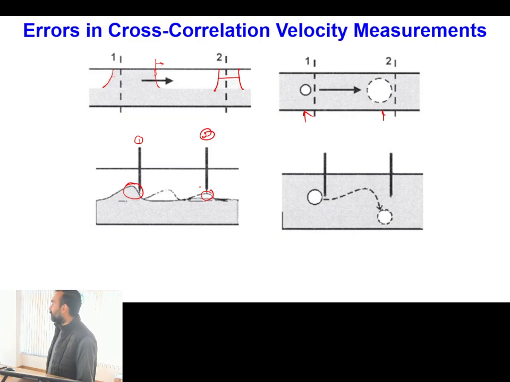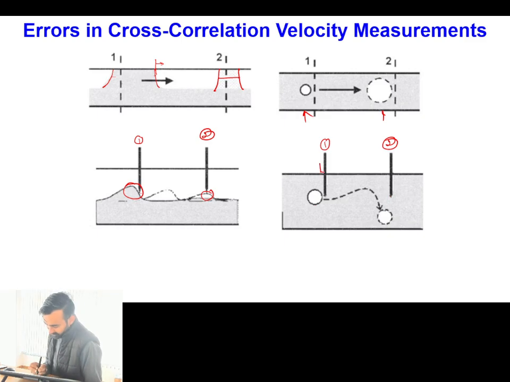So in this scenario, what will happen? Again, we will have error in measurement of velocity. Okay. Then another situation is, if you again have optical probes, then going from location 1 to location 2 the trajectory of the bubble has changed. So if the trajectory of the bubble has changed, then ultimately it will not contact probe 2. So I will not get any measurement of velocity.